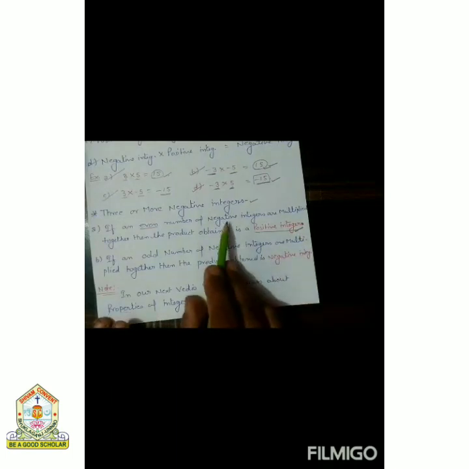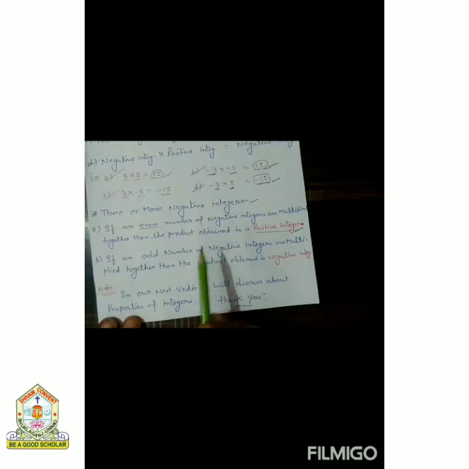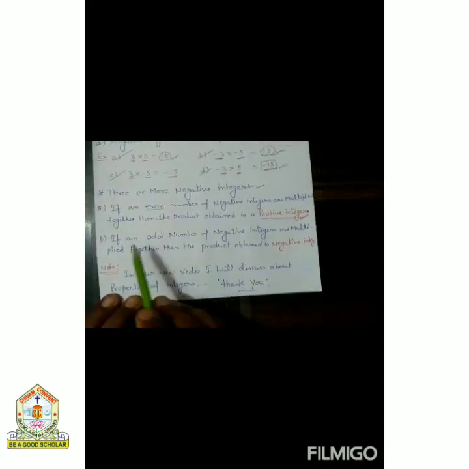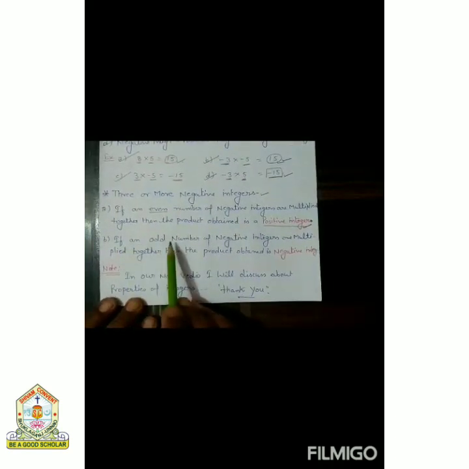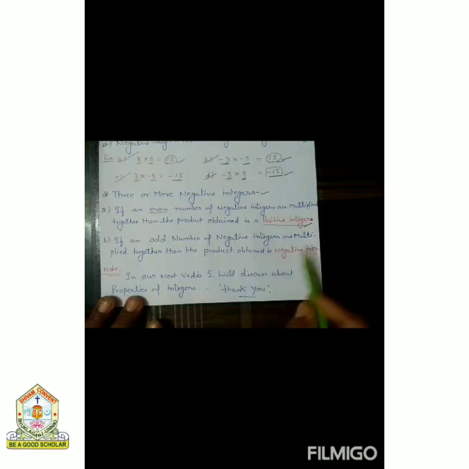As when we need to find the product of any 2 negative integers, any 4, any 6, any 8 negative integers, then their product will be a positive integer. Okay, and similarly in the second case, if an odd number of negative integers are multiplied together, then the product obtained is a negative integer.